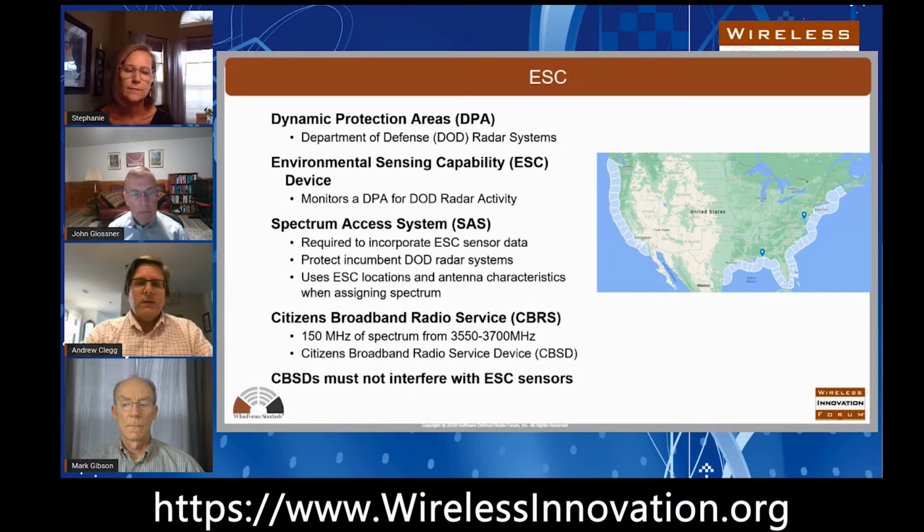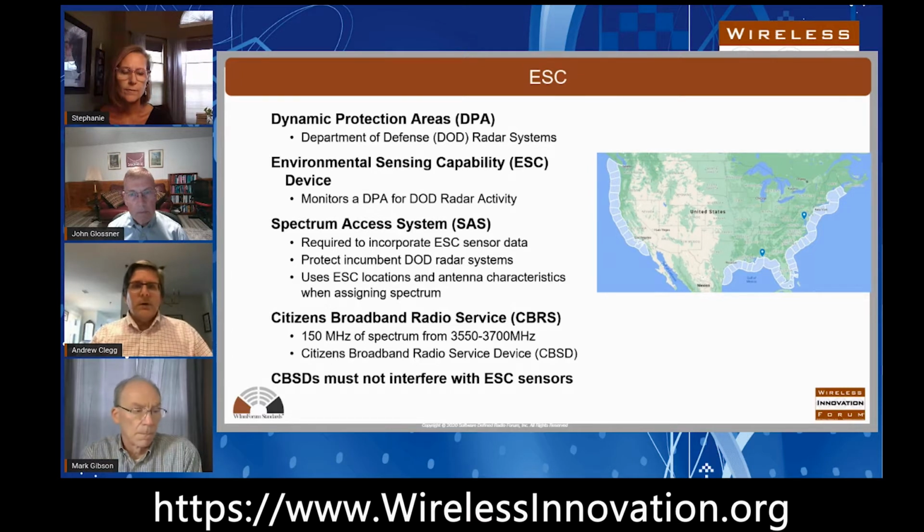The Navy doesn't want us to geolocate their ships to great accuracy because that's confidential or classified information. And so our ESC networks are designed to only locate the ships to within an area called a dynamic protection area, or DPA. So if you look at that map that's being shown there, that's that set of light blue areas around the coastline of the United States with the separate DPAs separated by white lines.